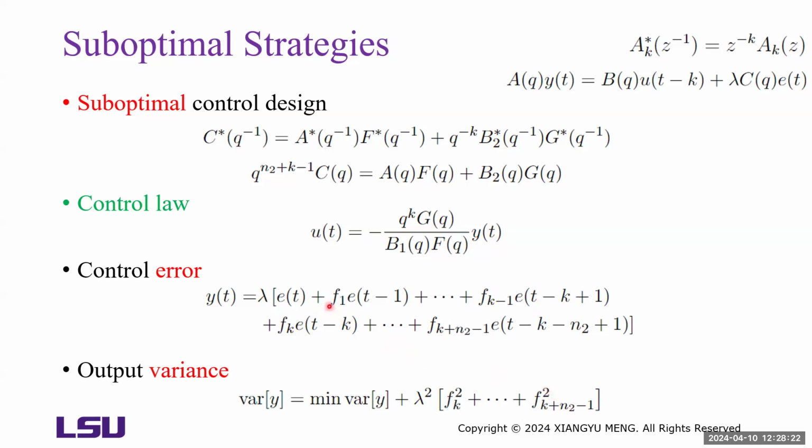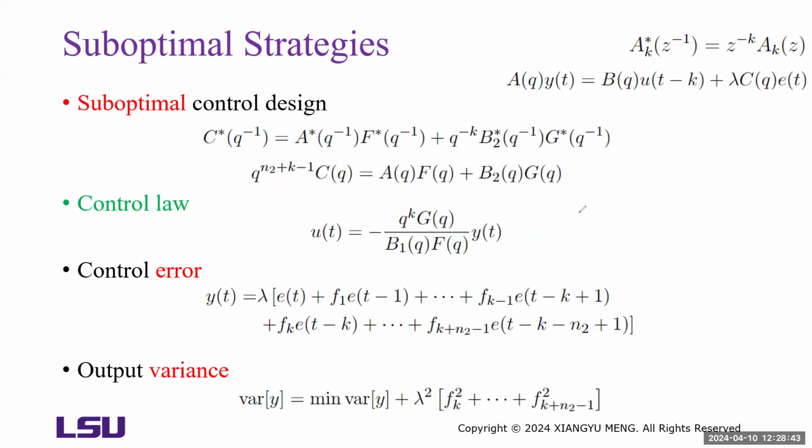So the coefficients f1 to f_(k-1) will be exactly the same as the resulting coefficients of F in the minimum variance controller. To see this, let me give you a very simple example.